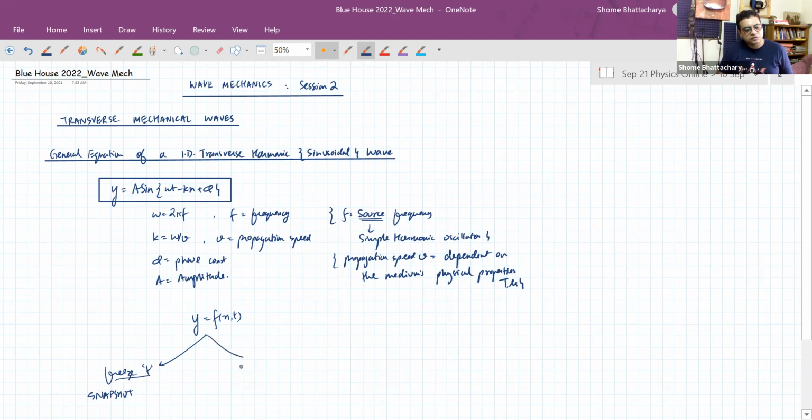If we freeze the value of x, we have the oscillation of a particular point on the medium. Okay, so this is what we had understood in the last lecture so far.